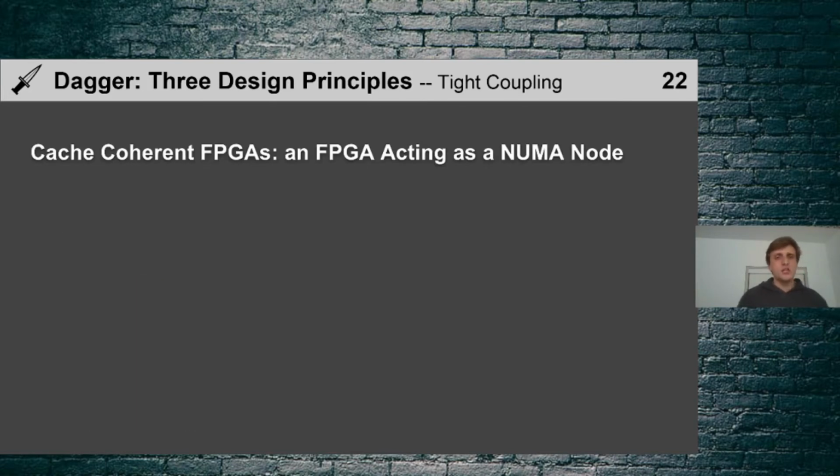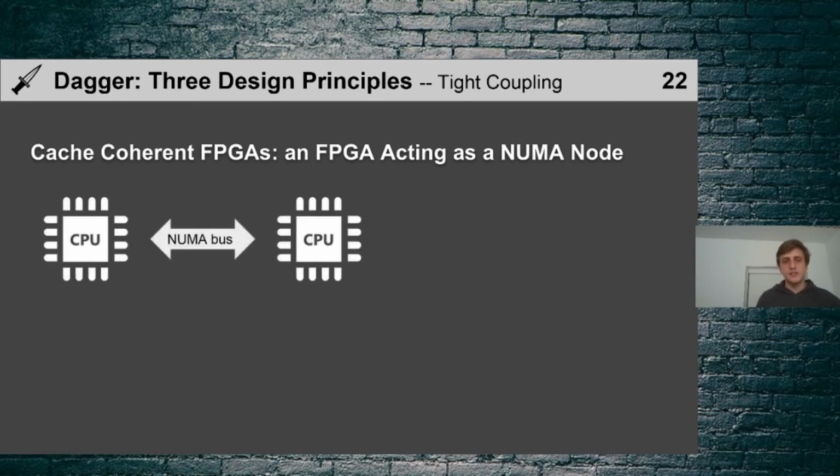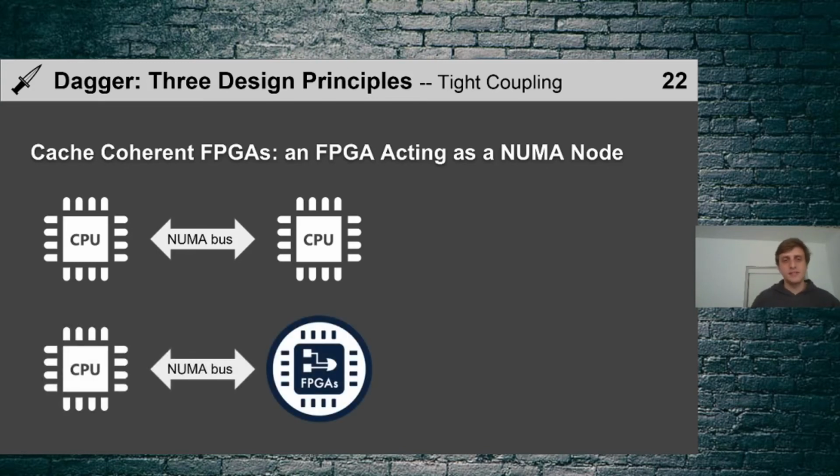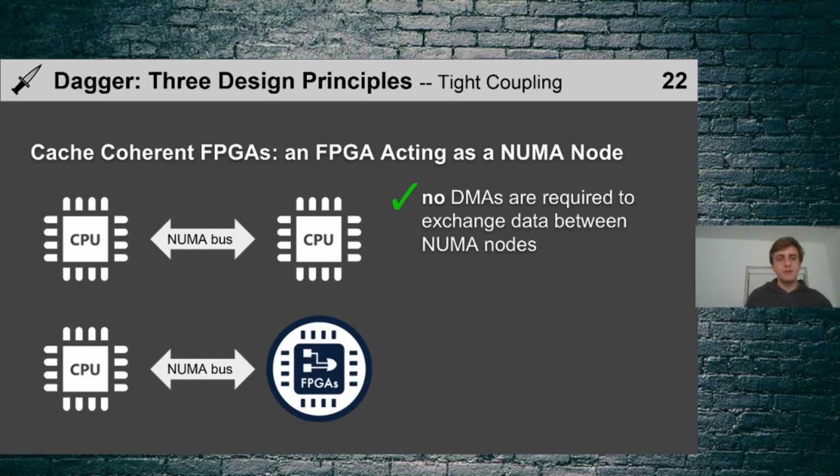So what is a cache-coherent FPGA? A cache-coherent FPGA is an FPGA that acts as a NUMA node. Consider the basic multi-socket setup where multiple CPU cores are connected to each other over a NUMA bus, and replace the second processor with an FPGA. This approach has multiple advantages when it comes to delivering data from CPU to FPGA. First, there is no need for DMAs in order to send data between NUMA nodes.